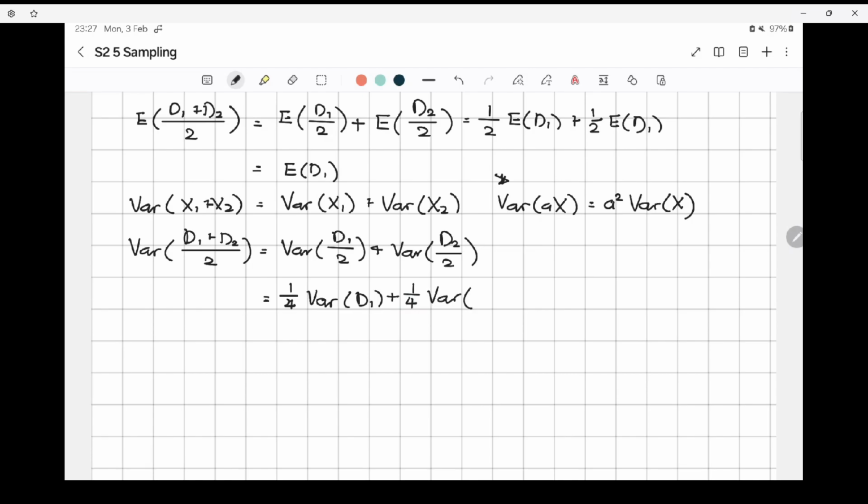The variance of D2 is again the same as the variance of D1. That's why you have 1 over 2 the variance of D1.